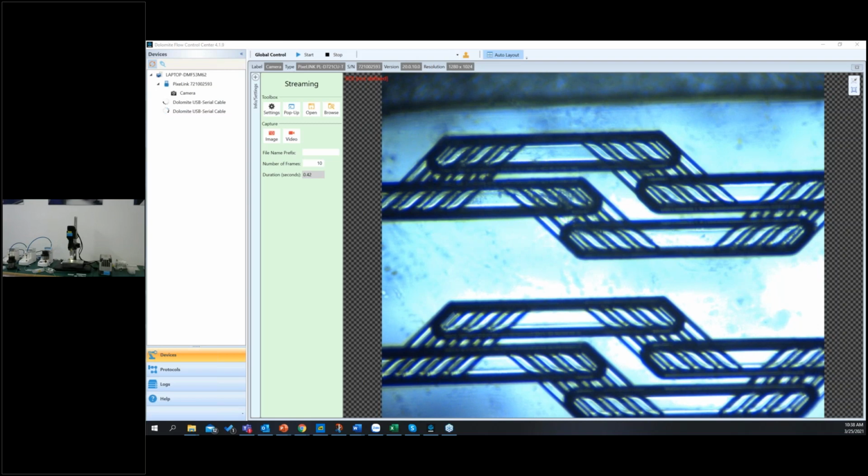So it means you can mix two reagents very quickly using the micro mixer chip.